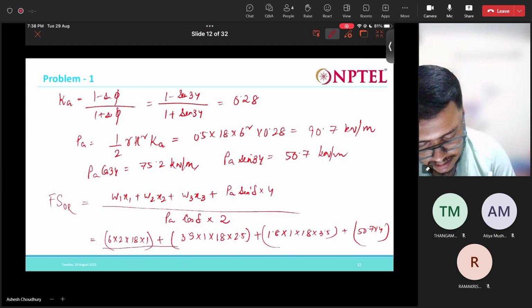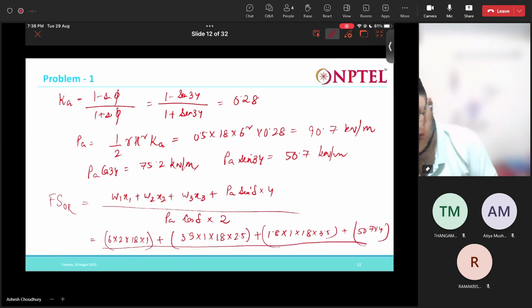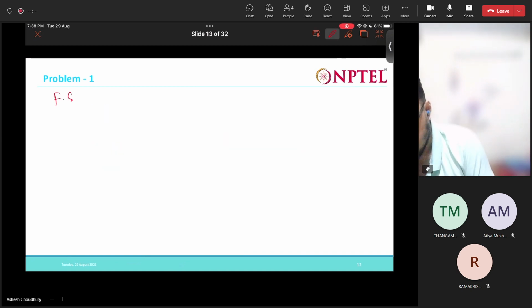Divided by PA cos delta, 75.2 into 2. Alright, so we see the factor of safety against overturning comes out as 4.7, which is actually greater than 2.